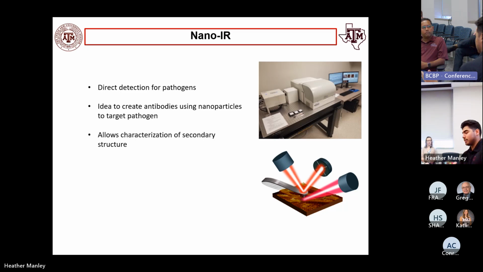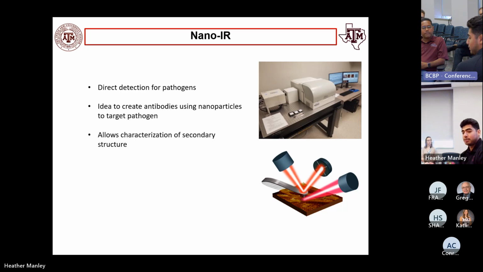I'll show it in just a second, but the theory, in the image on the bottom, shows that the tip of the probe lets us pinpoint an exact location on the sample.